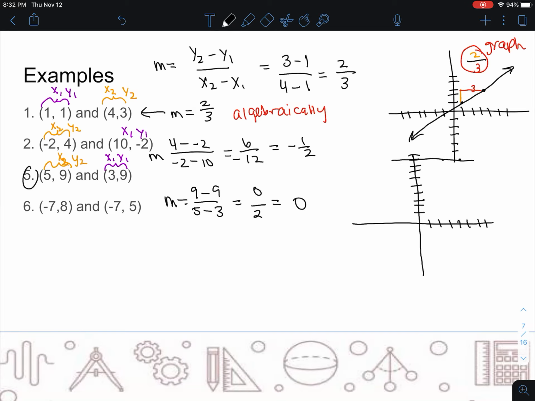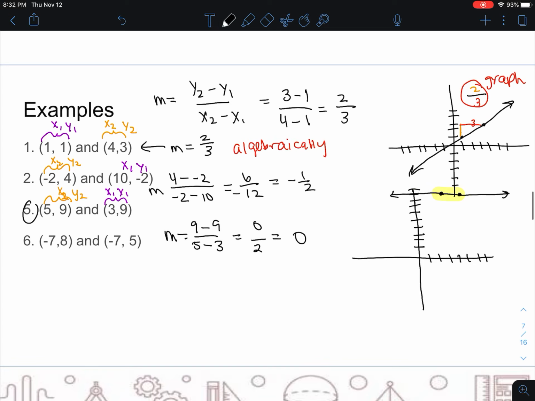That means that if I were to connect my points, I'm finding the slope between these 2 points here. It's 0 because it's a flat horizontal line. So it makes sense, right? This is what it looks like graphically. We were able to solve this algebraically using our slope formula. So our slope is 0.